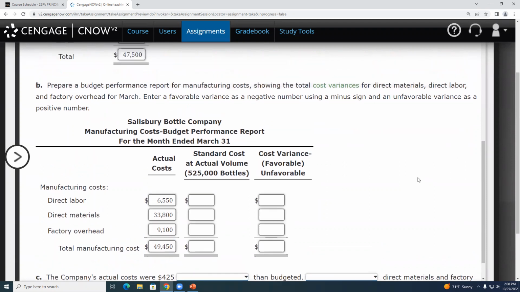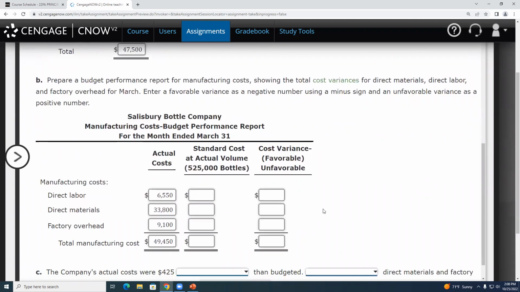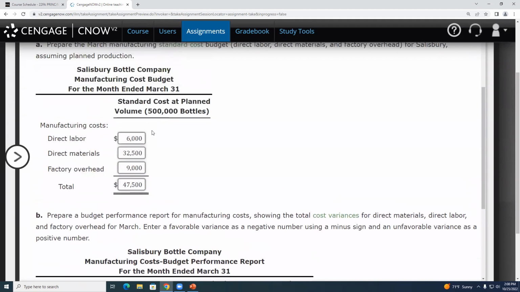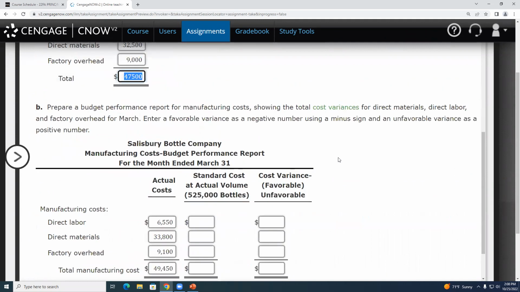To review from last week, when we talked about a static budget, a budget that does not change. If we compared that total manufacturing cost of $49,450 to our expected cost of $47,500, what would we be saying? Hey, wait a minute. You spent too much. You spent almost $2,000 more than you should have on this production.